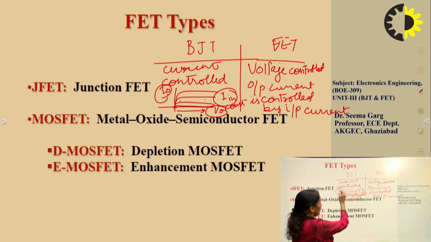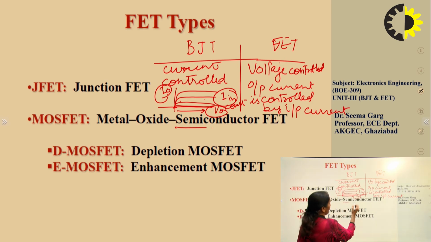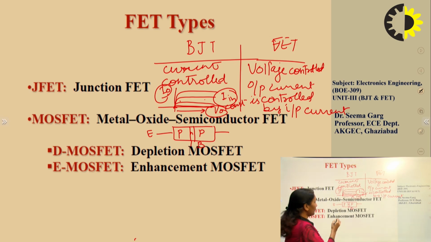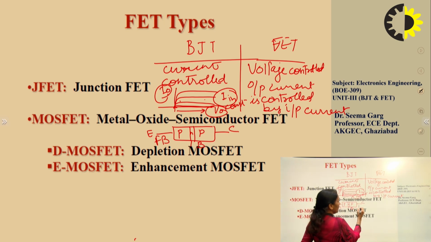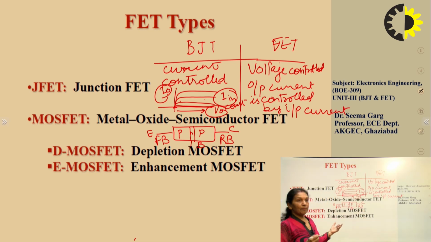The next difference is that the BJT consists of 3 terminals. What are those 3 terminals? Emitter, collector and base. And we also know that the emitter base junction should be forward biased and the collector base junction reverse biased for the transistor amplifying action.